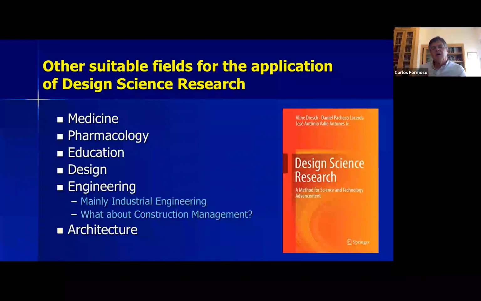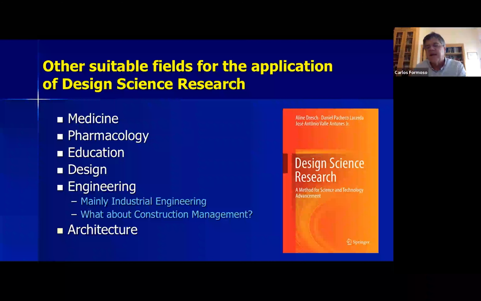And there are also other fields for the application of design science research. I would mention medicine. Medicine is a field that produces descriptive research, for instance, anatomy, physiology, understanding how the human body works.